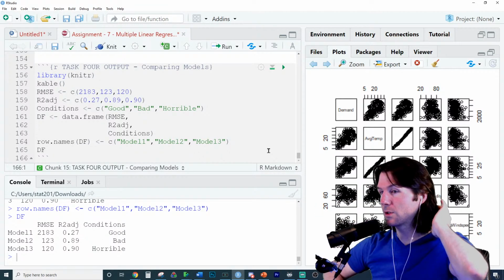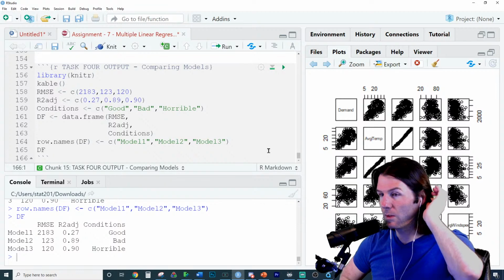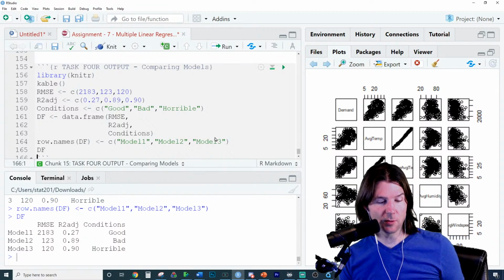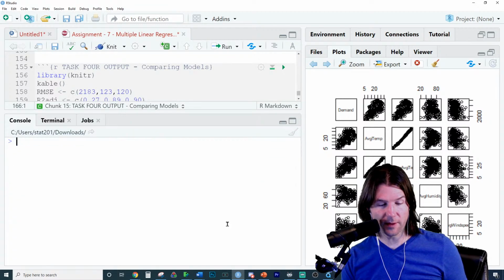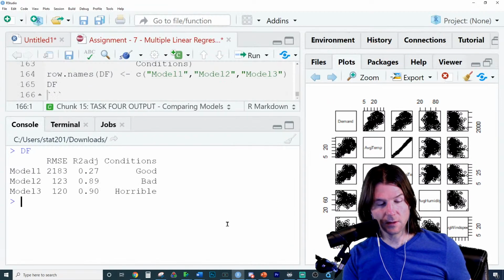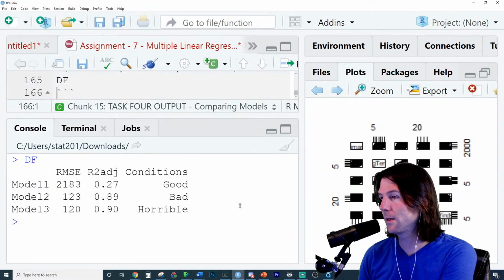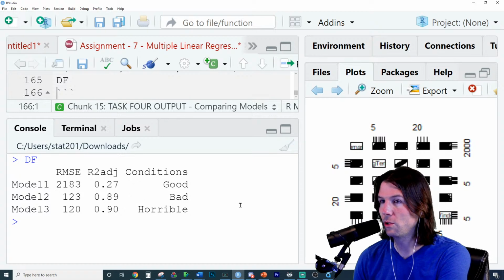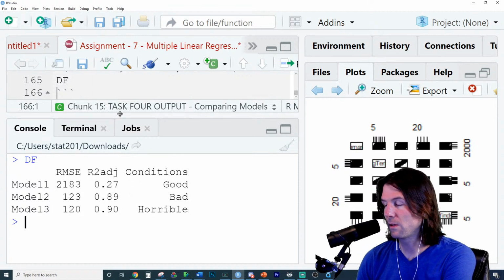This is the way I would just do it by default right here. And so which of these models would you end up using right now with this information provided to you, Kayla? If this is what you had, which model would you choose from? Model 1, Model 2, Model 3? This is a decent way of presenting it. To me, this looks pretty clear which model would be the best to use.